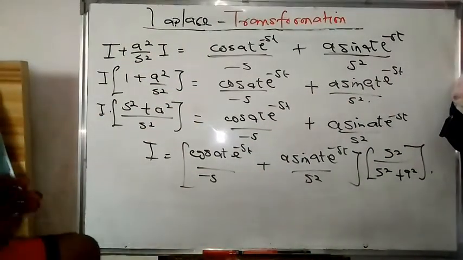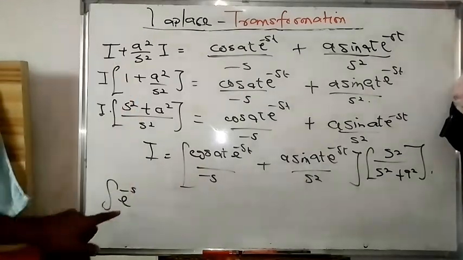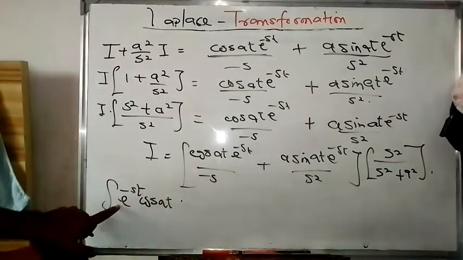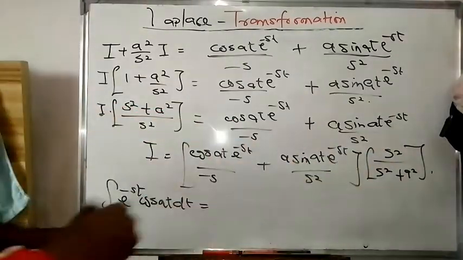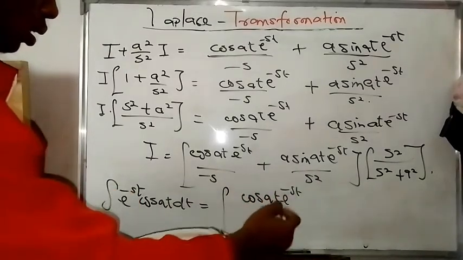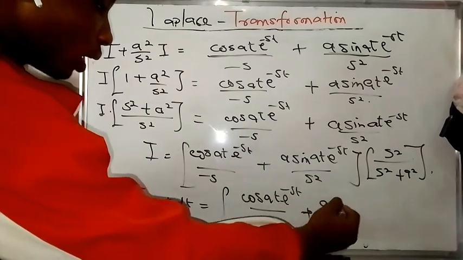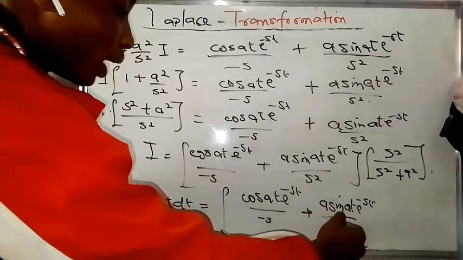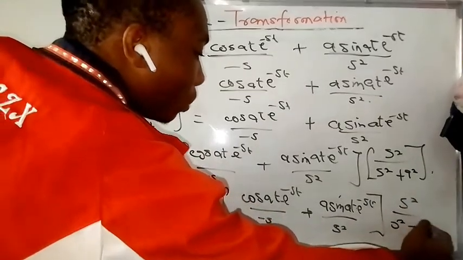Now, since we have successfully gotten the value of my integral, remember I is equal to the integral of e^(-st) cos at dt, which is now equal to this: cos at e^(-st) divided by -s plus a sin at e^(-st) divided by s squared, open bracket, s squared divided by s squared plus a squared.